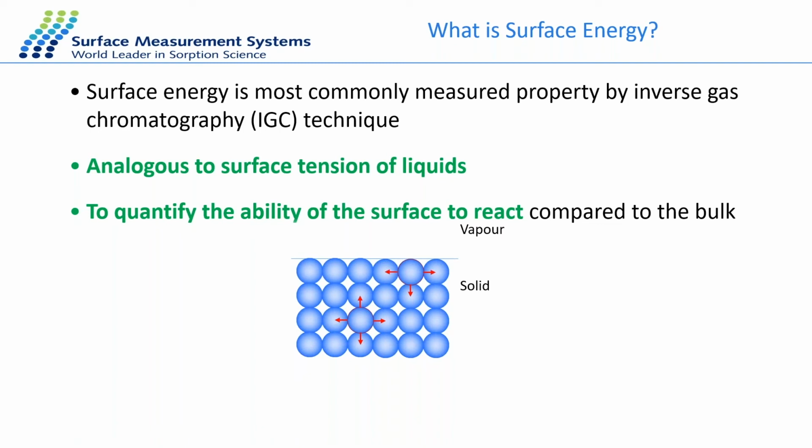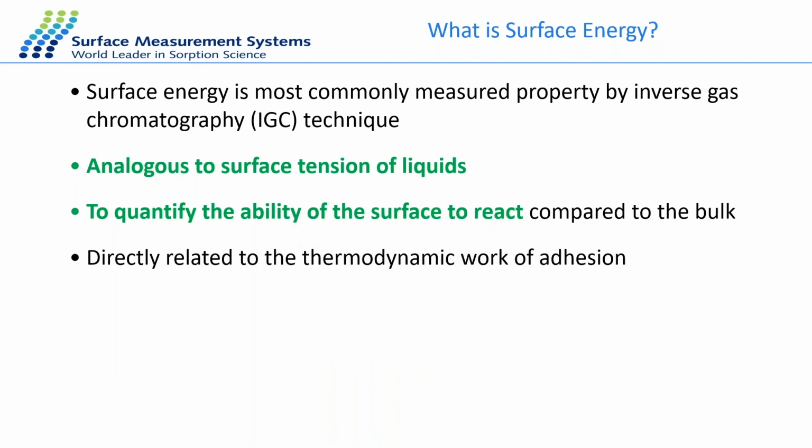So some surface electrons can react with the surrounding atoms or molecules, and the willingness of these electrons to react with the surroundings shows the ability of the surface to react. Surface energy can also be used to determine the thermodynamic work of adhesion.